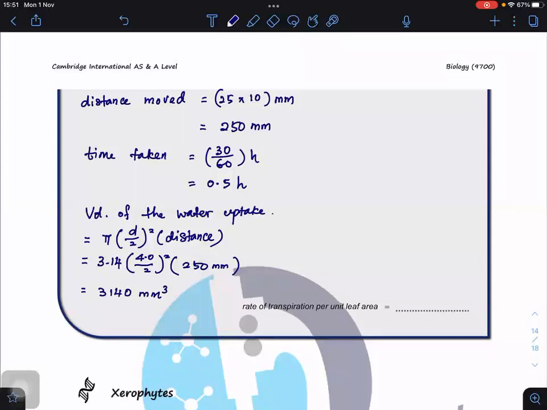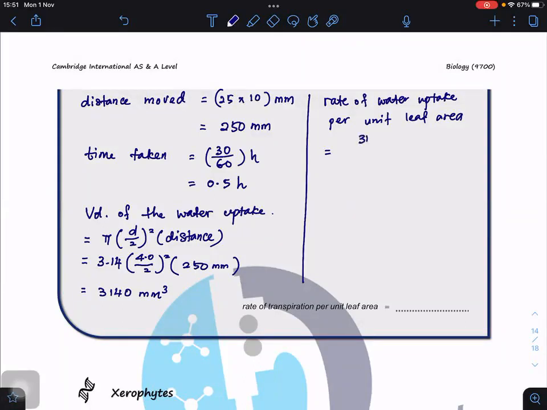If you want to calculate the rate of water uptake per unit leaf area, the rate of water uptake is 3140 divided by the time, 0.5.